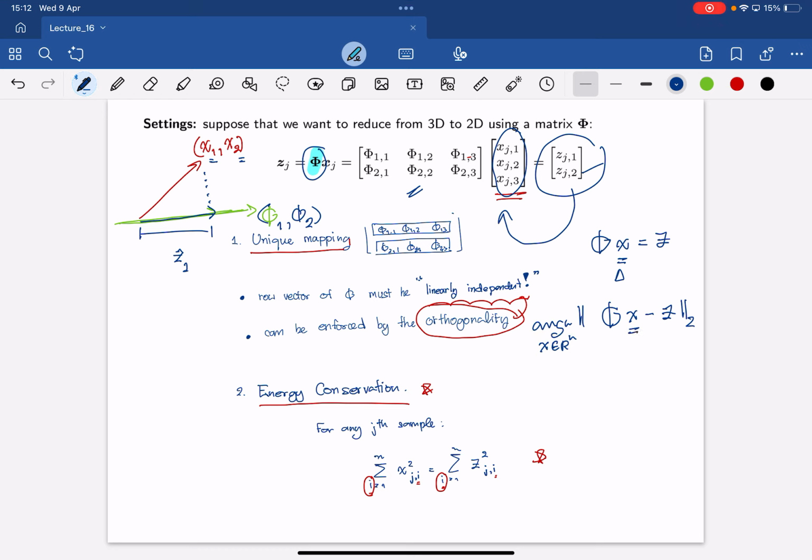If you want to uniquely solve for x, you have to make sure that for each of your equations, whatever z you have, you're able to map back to x. That means each row of phi, or maybe these two rows, need to be linearly independent. So that's your first property for your phi matrix.